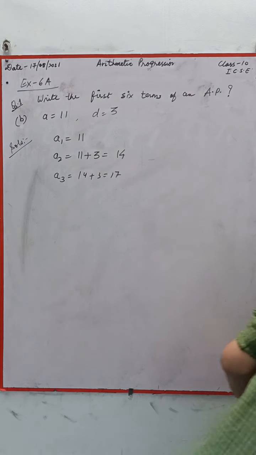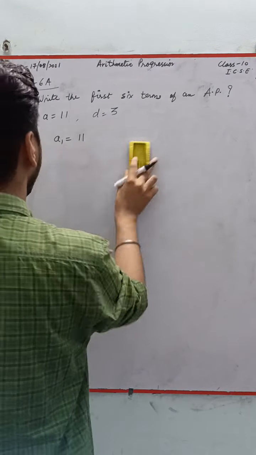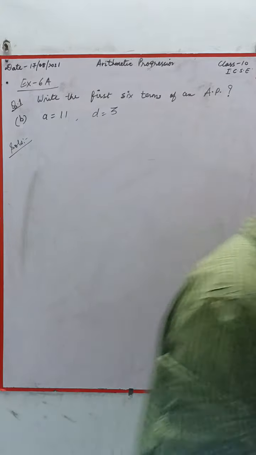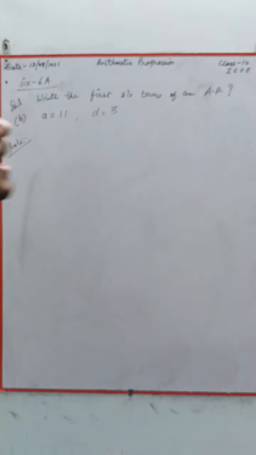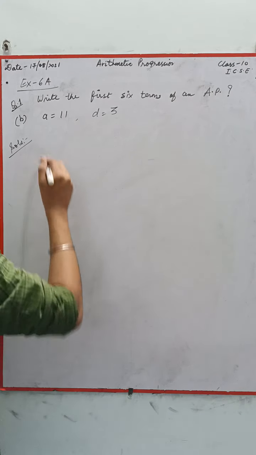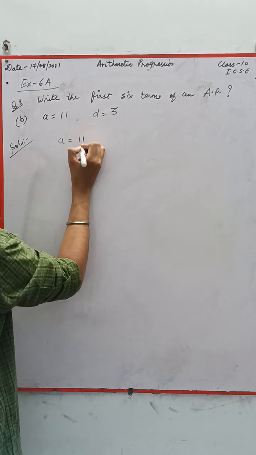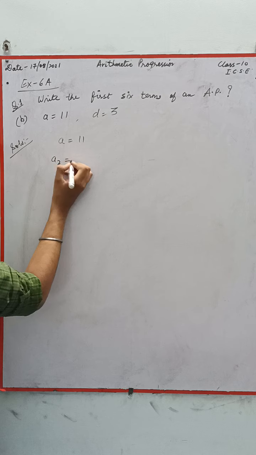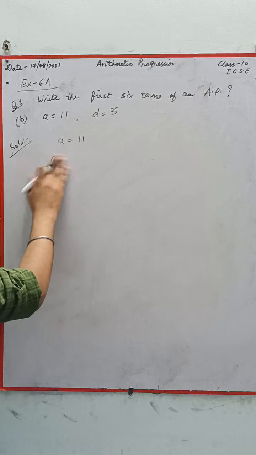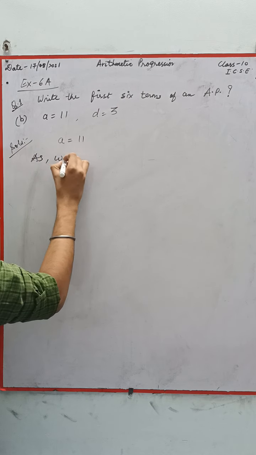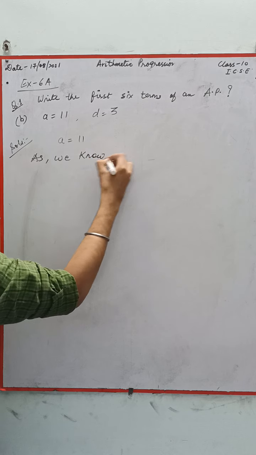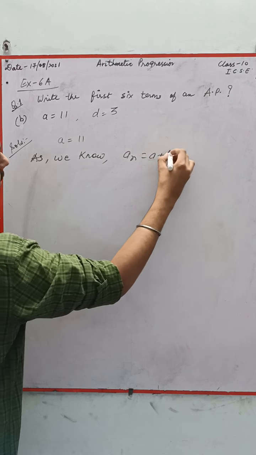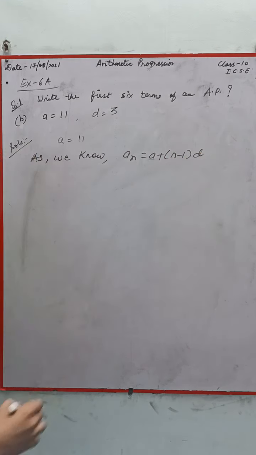But just wait, I want you to learn in this way, with the help of a formula. See, a is 11 only, so no need. We will find the value of a2. How? As we know, an is a plus (n minus 1) into d.